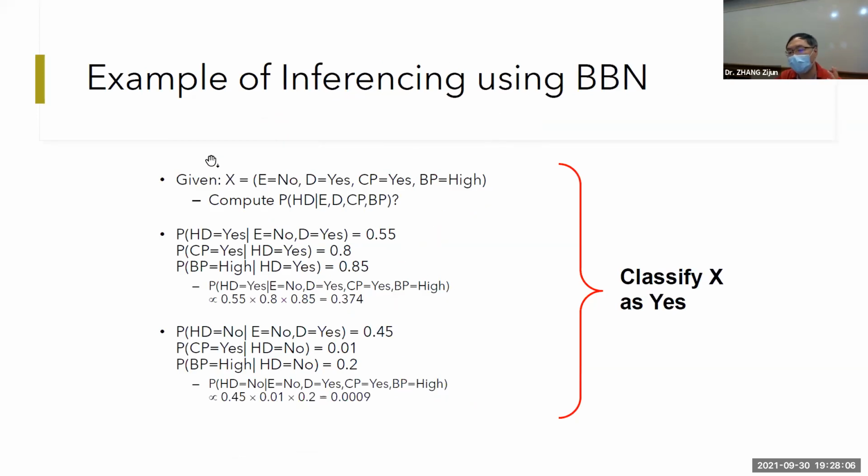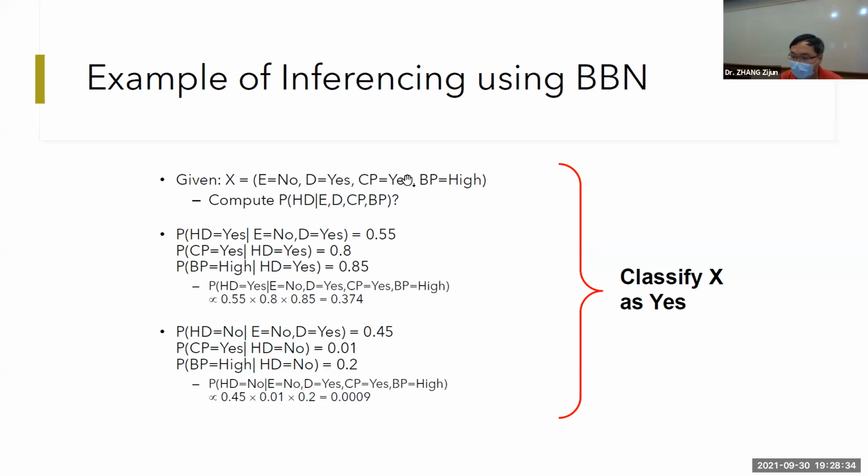Here, assume we have a new data point which does not have a tag. That means we have an observation with E equal to no, D equal to yes, CP equal to yes, and BP equal to high. Then how can we compute the probability that a person has a heart disease condition on these 4?